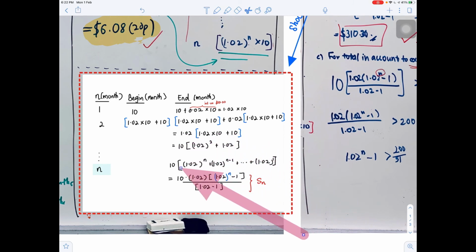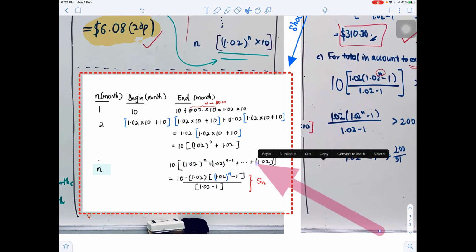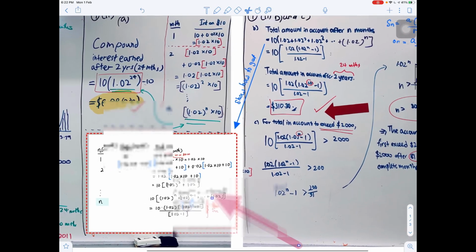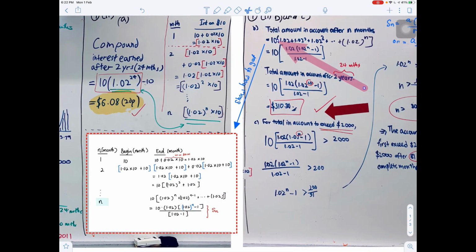For the nth month, you can now generalize. If this is the second month, I see a 2. In the third month, I would see 10 bracket 1.02 cubed plus 1.02 squared plus 1.02. For n months, I would see 1.02 to the power of n all the way down to 1.02. That explains why we have this series here.